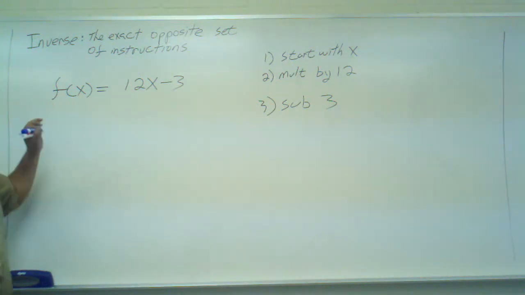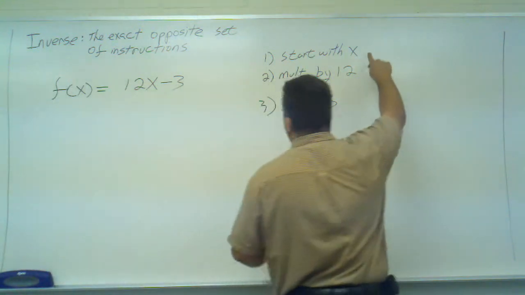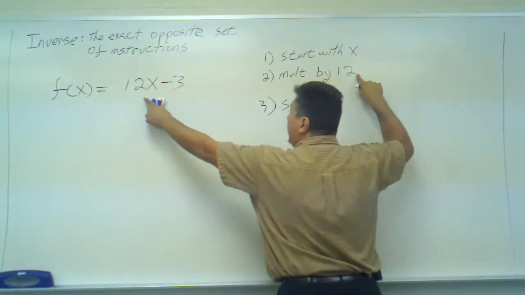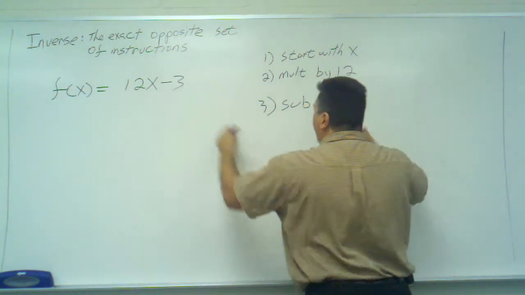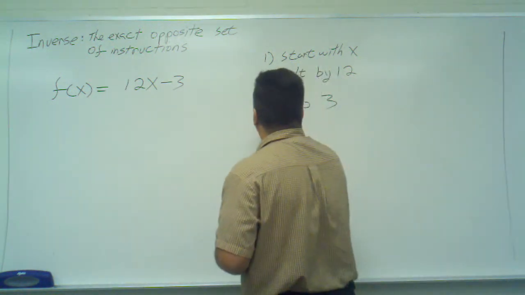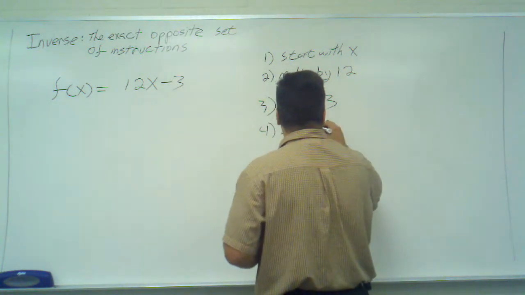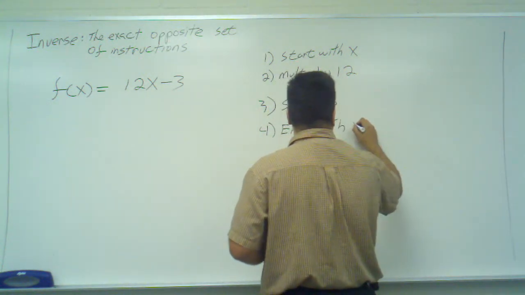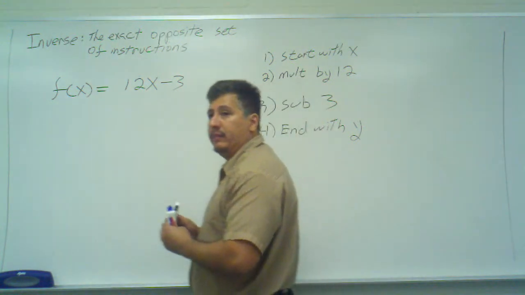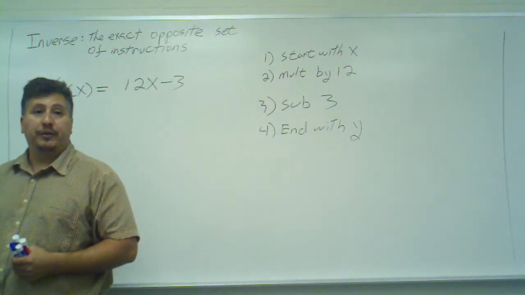Everyone okay? So we're starting with any x value. This says if you multiply it by 12 and you subtract 3, you should end with the y value.